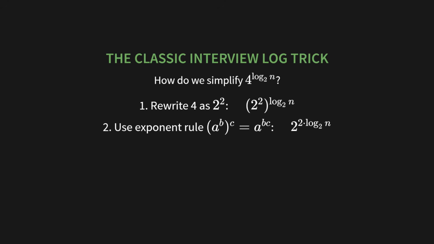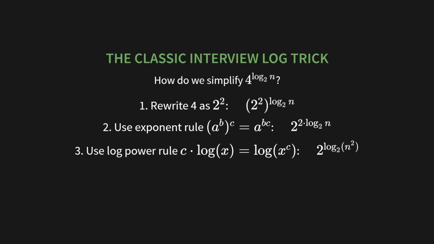Use the exponent rule that says a to the b to the c is a to the b times c. So we get 2 to the power of 2 times log base 2 of n. 3. Use the log power rule that lets us move that multiplier inside as an exponent. So now we have 2 to the power of log base 2 of n squared.